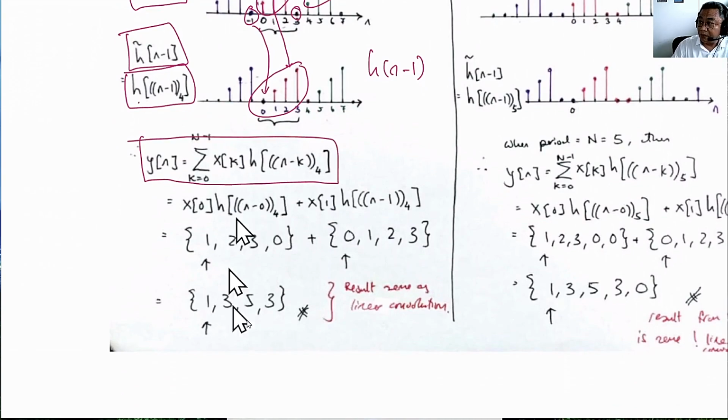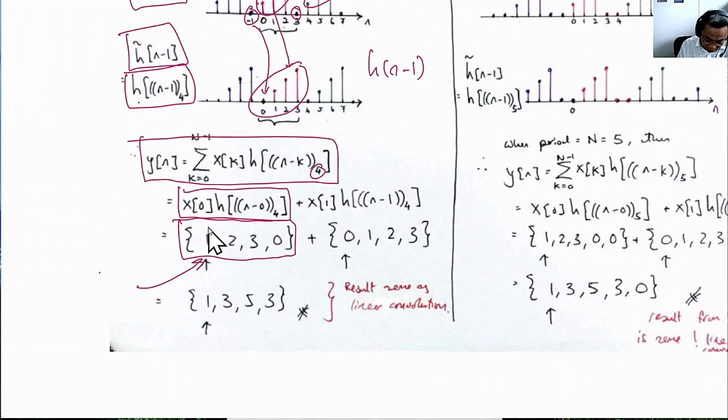So this is circular convolution here again, and that little 4 here shows us that we are assuming our sequences are periodic with 4 samples. The first one, x[0] h[n-0], this is the same. So the only difference now is that the sequence that I'm showing you is N equals 4 samples, not 3 anymore.